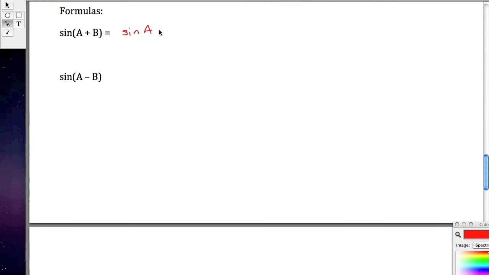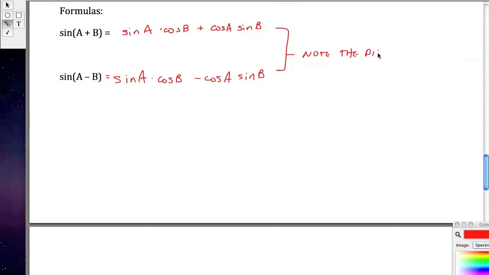It's going to be the sine of A times the cosine of B plus cosine of A sine of B. So then the sine of A minus B is going to be sine of A times cosine of B minus cosine of A times sine of B. Note the differences. Make sure you know what's going on.